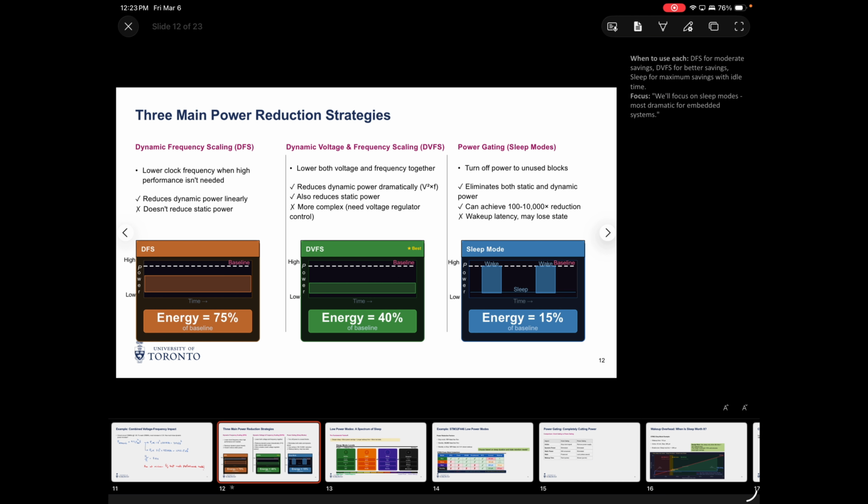A more complicated and better one was reducing both voltage and frequency if you don't need it. The last one was power gating or sleep modes. It's the one that is going to save you the most, but it's the most complex, because now you have to consider wake up and have firmware to wake up your system again, and spend some time on it.